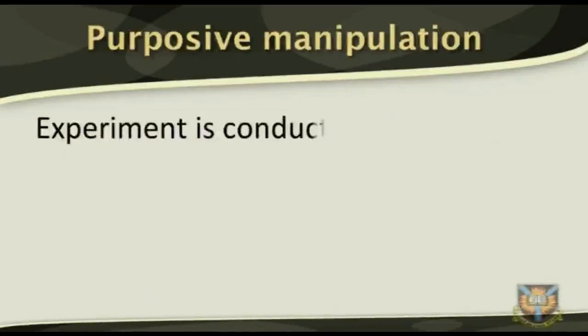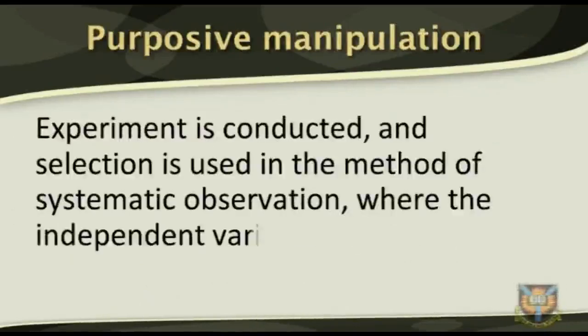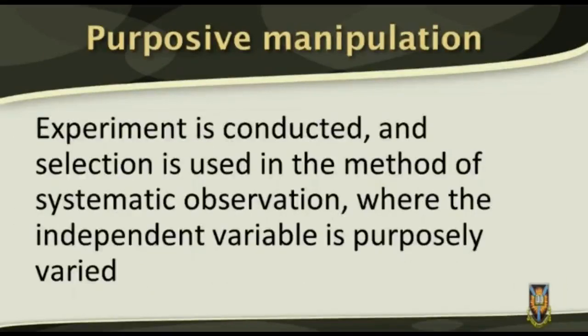When purposive manipulation is used, an experiment is being conducted, but selection is used in the method of systematic observation. If you are interested in whether the intensity of a stimulus affects the rate of conditioning, you might vary intensity in two ways, high and low.